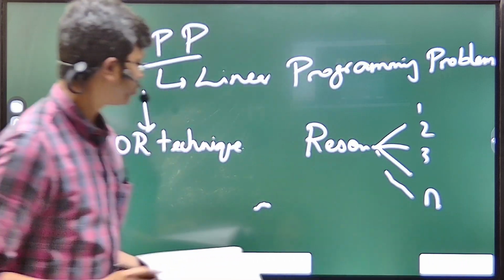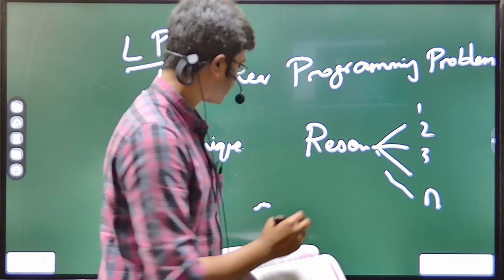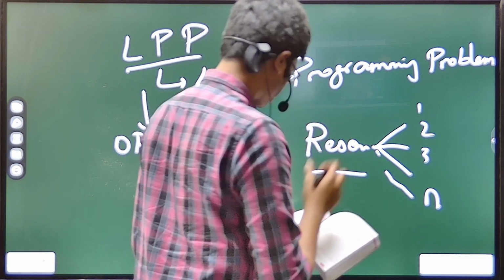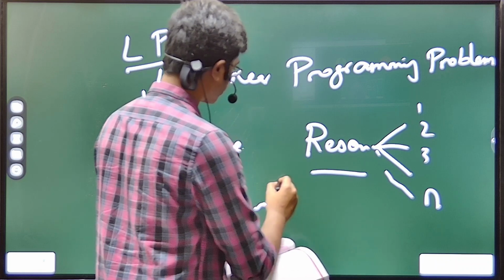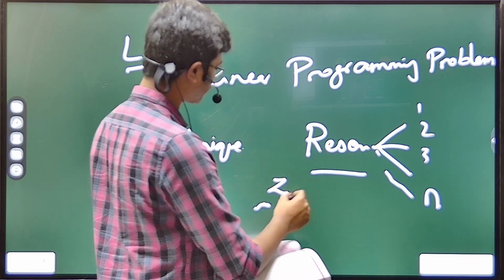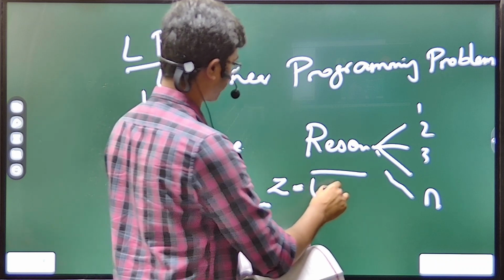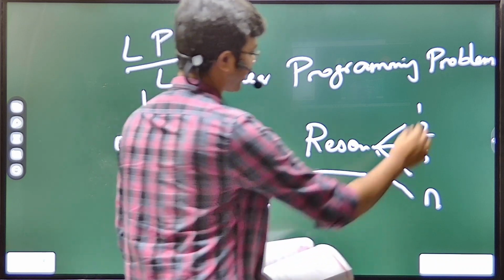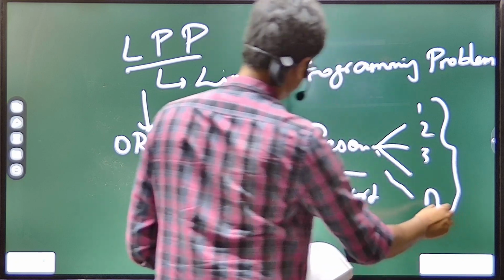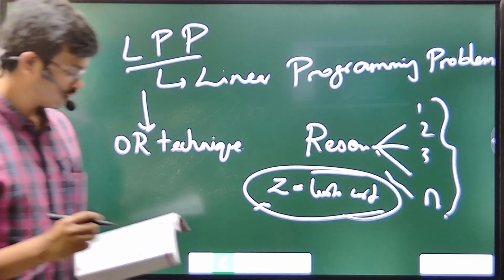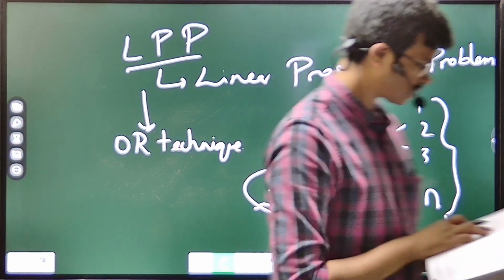You are to arrive at a particular use of this resource so that your objective, suppose that is least cost, is met. So you have to find out how to use your resources to arrive at the least cost. So this is your linear programming.